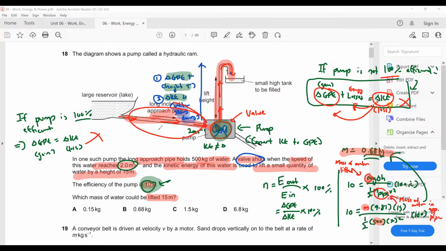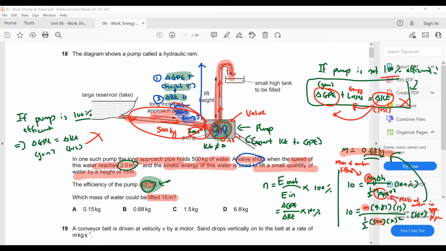This is the approach pipe. You have a mass of 500 kg here. Okay, when your water of 500 kg reaches a speed of 2 meters per second, your valve will close. So the water suddenly stops flowing. From 2 meters per second, you go to 0 meters per second.